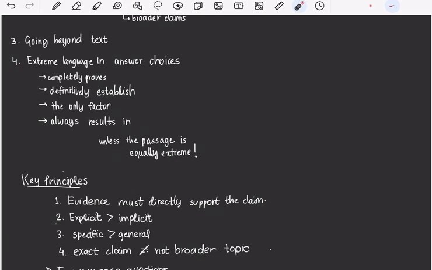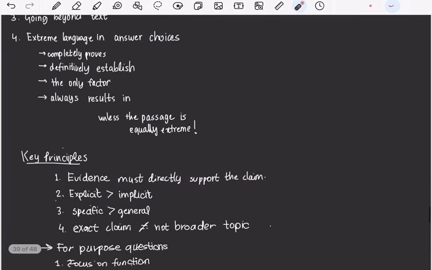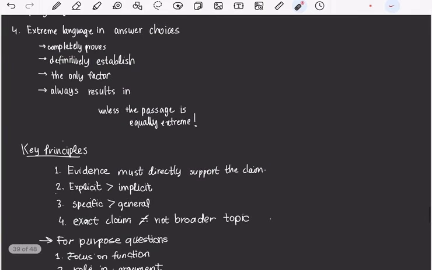Now the wrong answer is something like they argue that traditional education is obsolete. This is wrong because the passage is talking about online learning's importance and not comparing it with traditional education, or saying that it is worthless. So the passage isn't making that argument and it's going beyond the text. It's just based on assumptions. This is something that you have to note in common wrong answers.